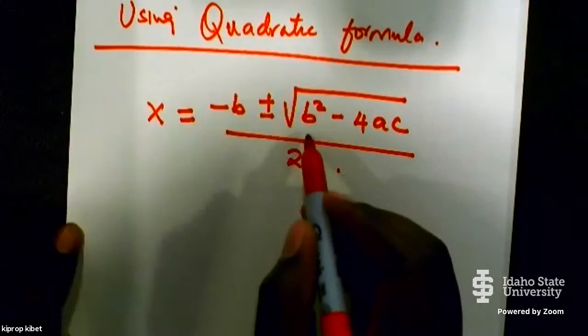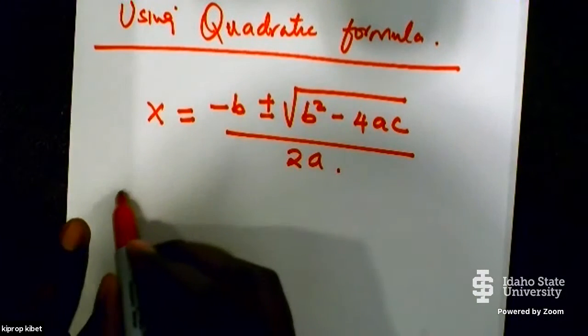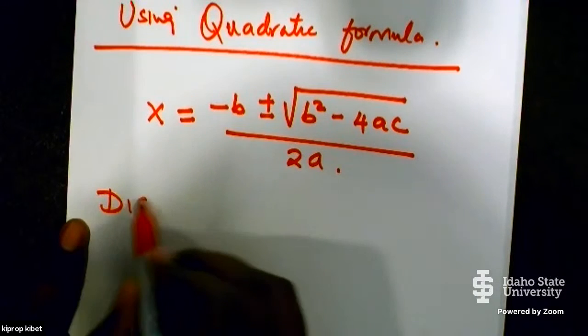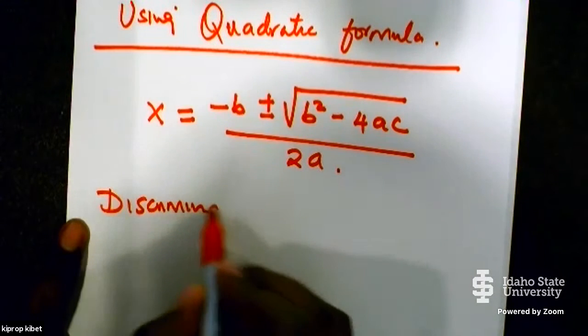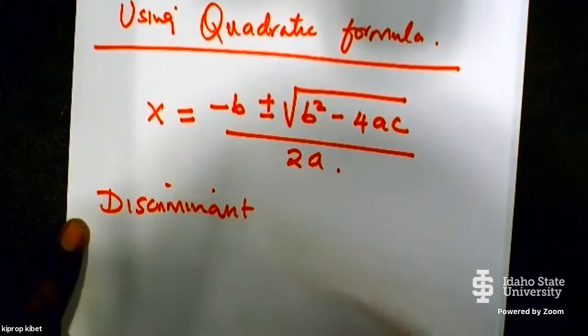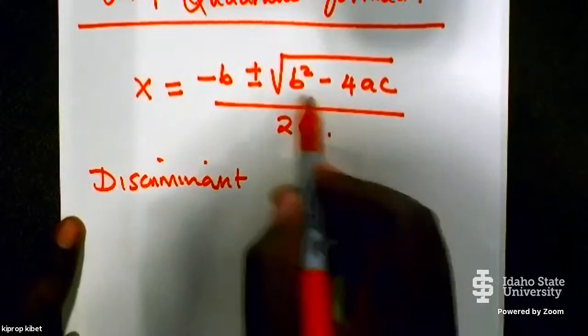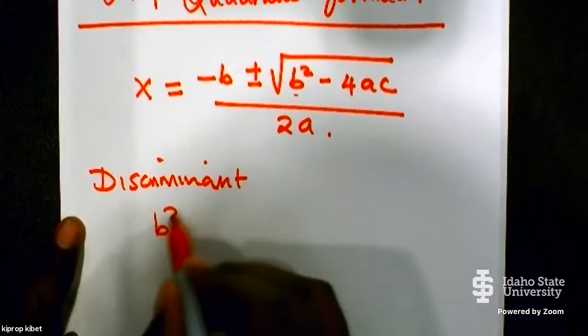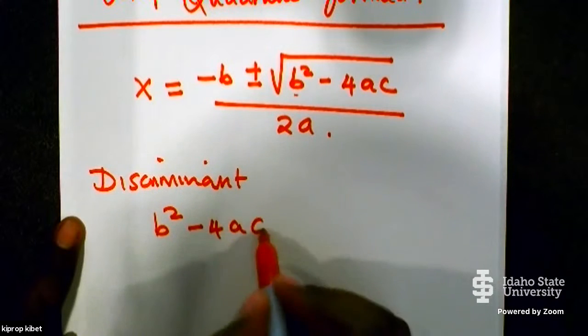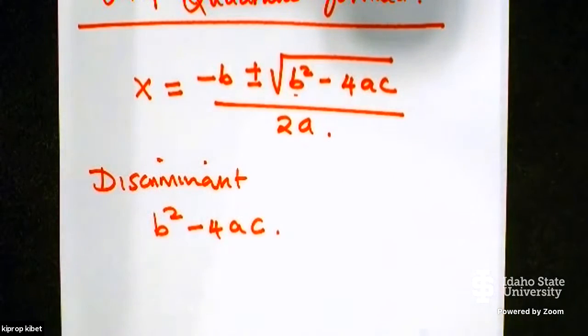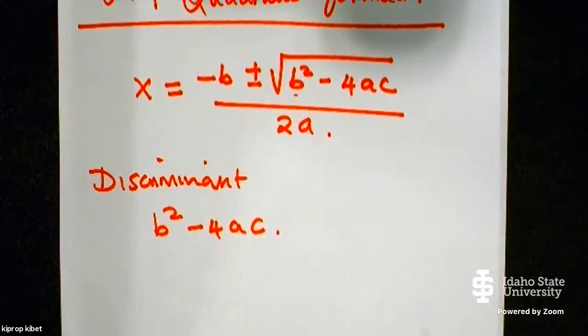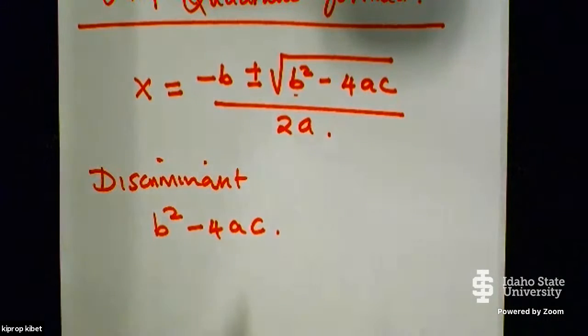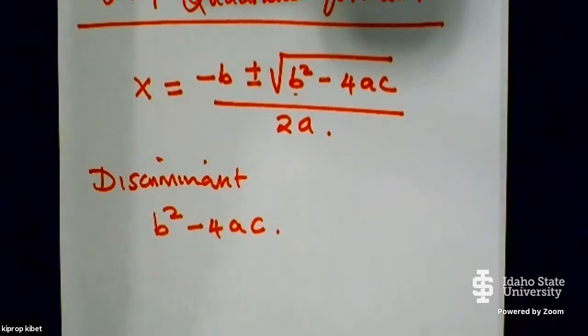Then we said we have a discriminant, and the discriminant is this, b squared minus 4ac. This is used to determine the kind of quadratic equation we have.